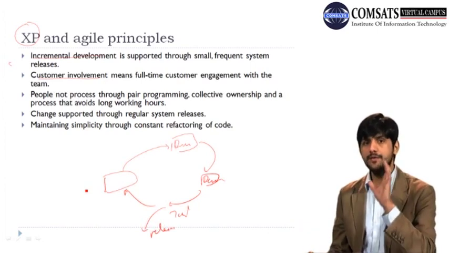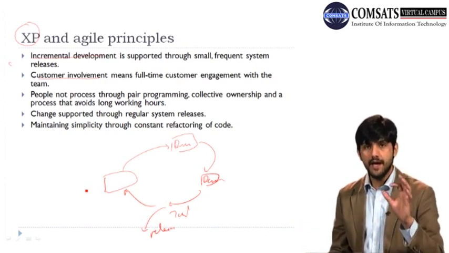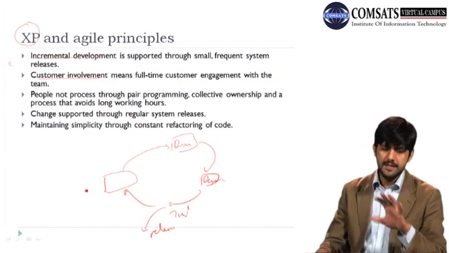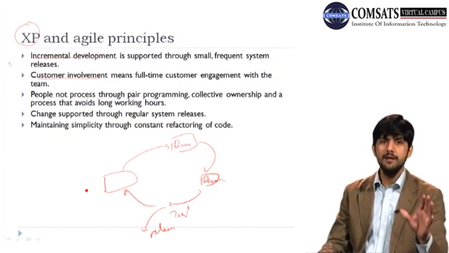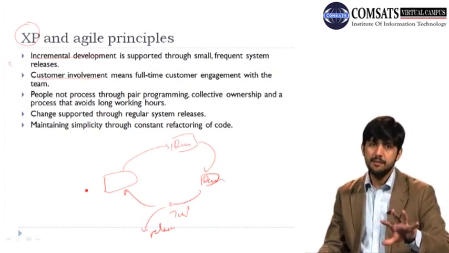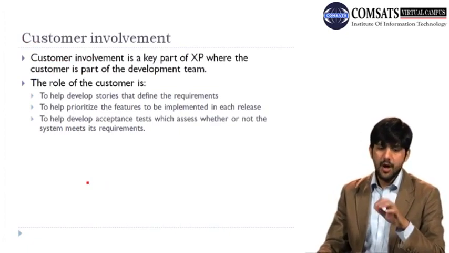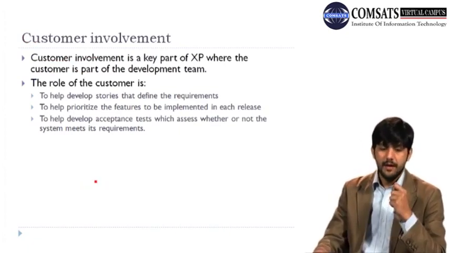So if you look at it closely, it is following those two principles of reduction of waste and evolution of requirements. This is how extreme programming takes care of all those agile principles, which is why it is an agile method. So how is customer involvement ensured?